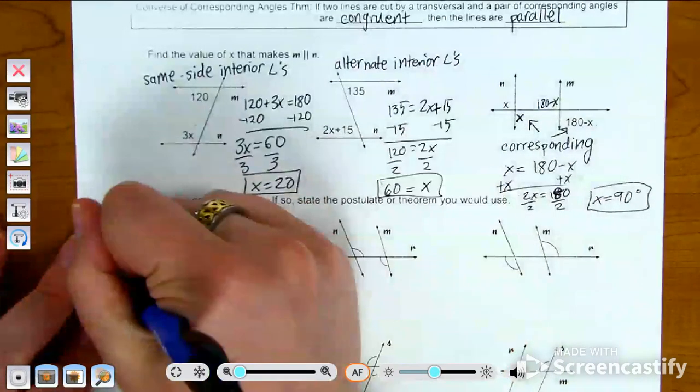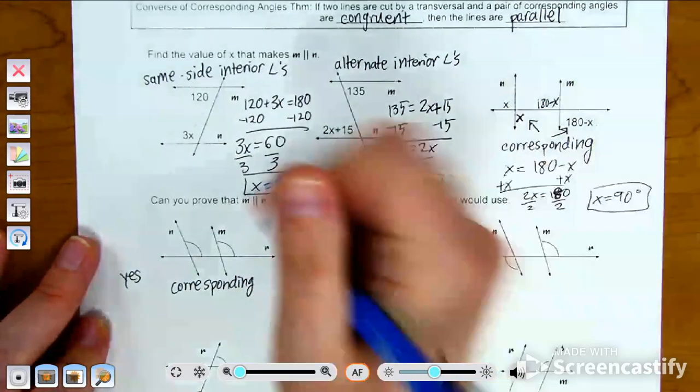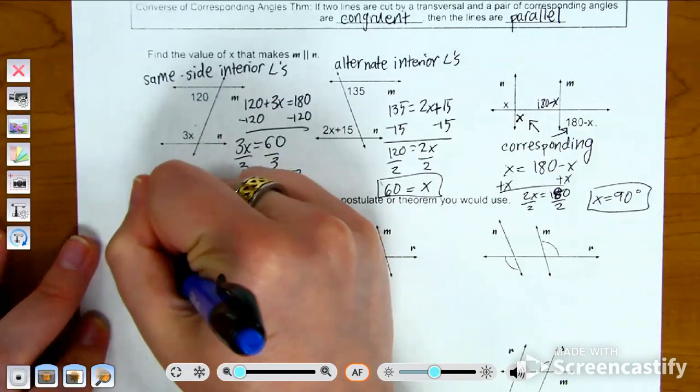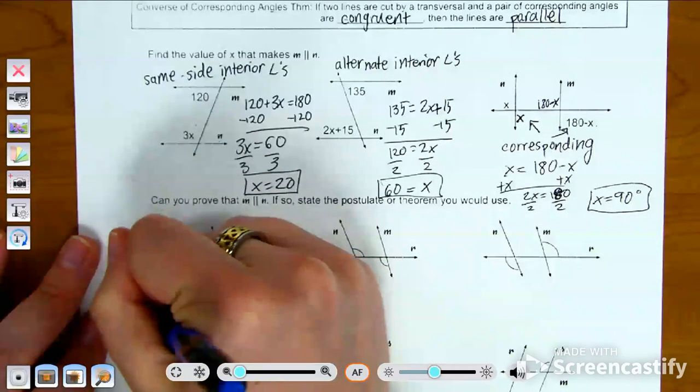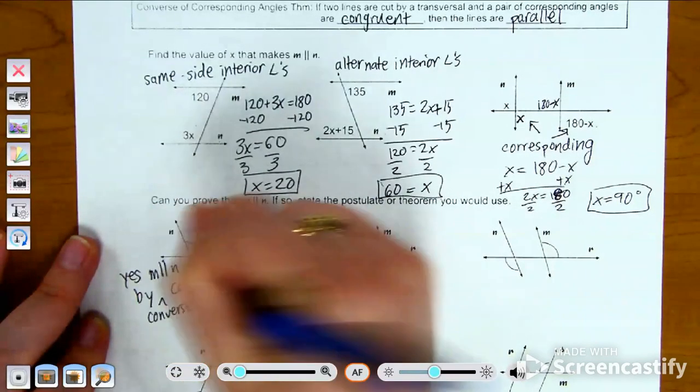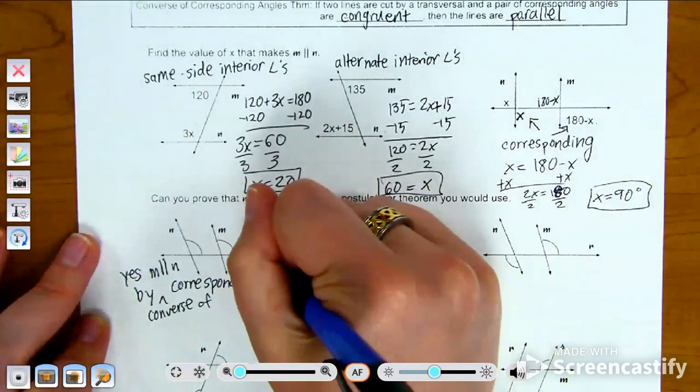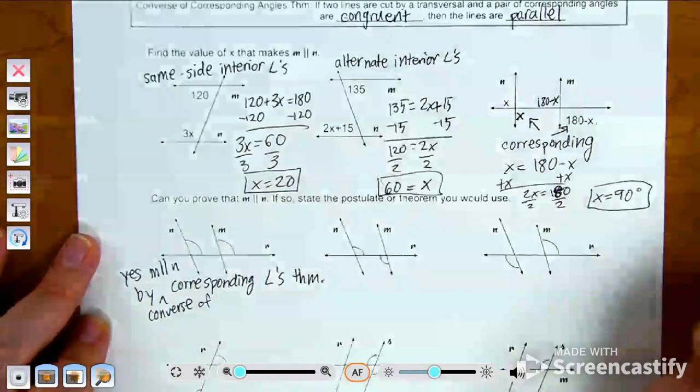So we can say yes, M is parallel to line N by, this is the converse of the corresponding angles theorem.